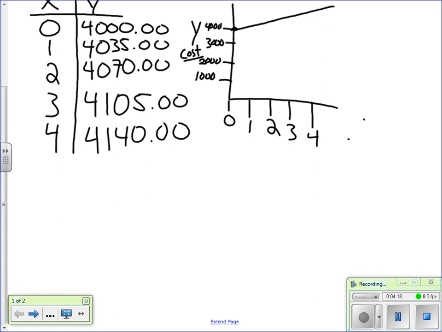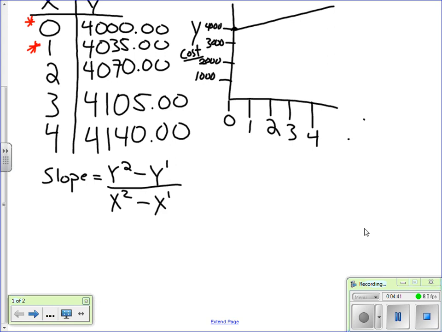Remember, to calculate the slope of a line, we take a later point minus an initial point on the y, and we do the same on the x. I'm going to make this really simple and choose this point here and this point here.